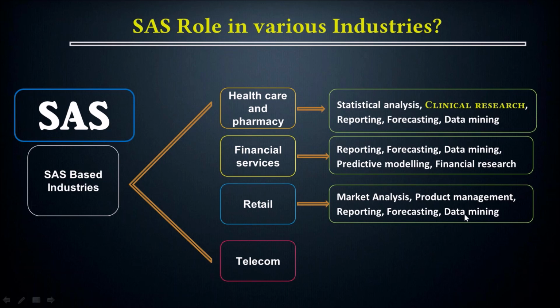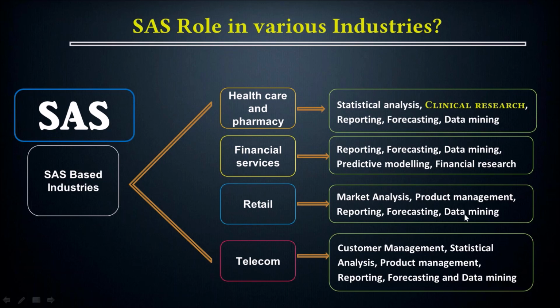Coming to the telecom sector, it is used for customer management, like what services are mostly used by customers or for different networks, and also to generate statistical analysis and different kinds of reports for forecasting and data mining.